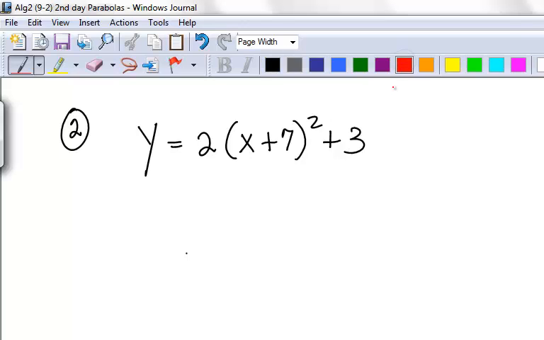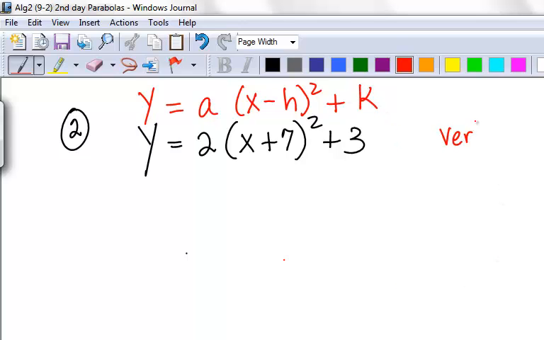I would write the beginning equation down, y equals a times x minus h. Part of the reason I'm asking you to write those equations down is that we're going to do parabolas, circles, ellipses, and hyperbolas. The more you write these equations down, the better. And then plus k.